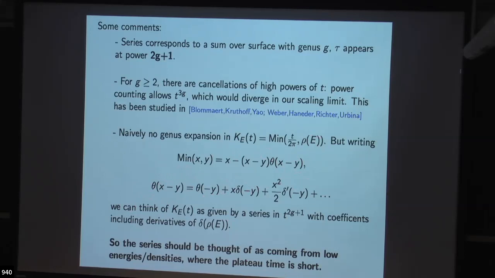Plugging all this in and setting x equals t and y equals rho, we get a series for K_E of t in powers of time, where the coefficients have derivatives of delta functions of rho of E. There's a way, which we'll make a little bit more precise, of thinking about these series of corrections, these higher genus terms, as coming from zero energy corrections. At finite energies the ramp and plateau is correct, but if you look at zero energy, that's in fact where the density becomes small and the plateau happens at an early time. Then there's a series of perturbative corrections.